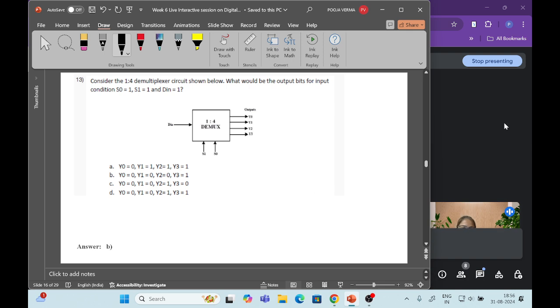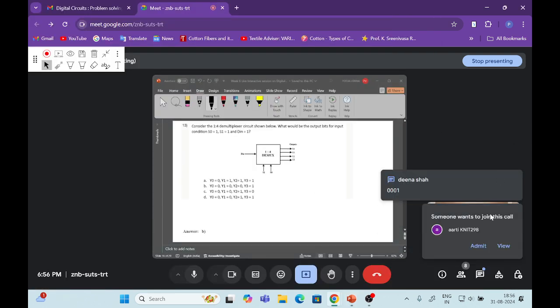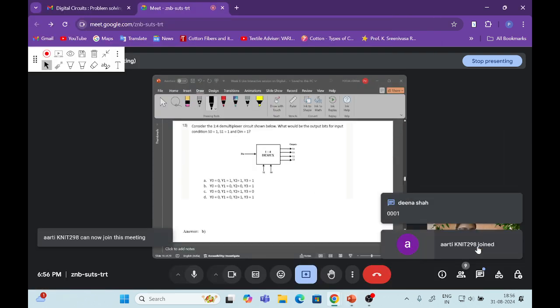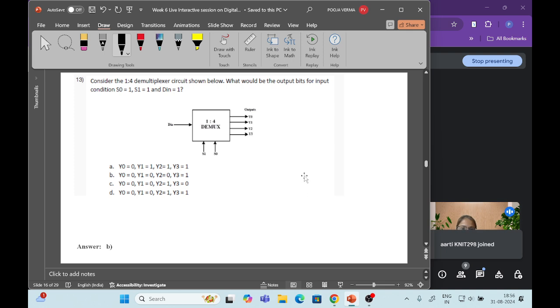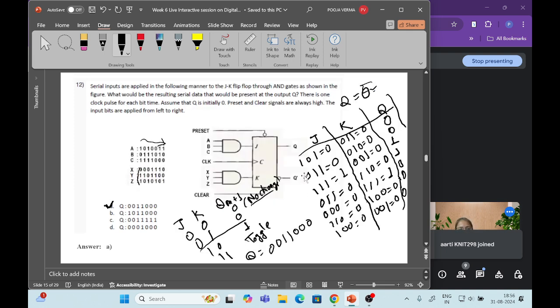In that case, the flip-flops are not active. Okay, because preset and clear we are giving to clear out all the stored bits. It is always high only. It cannot be a 0. If it is 0, in that case for every clock it will change.